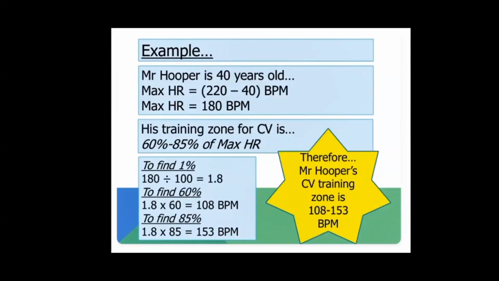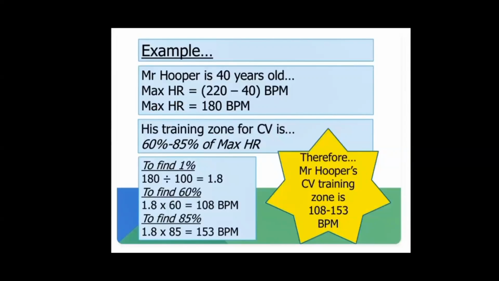The training zone for cardiovascular is 60% to 85% of max rate. To find 1%, divide 180 by 100, which equals 1.8.